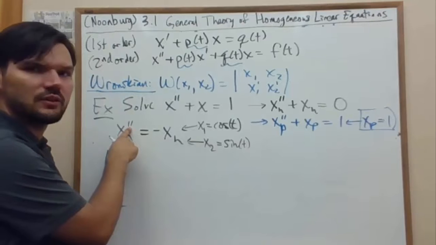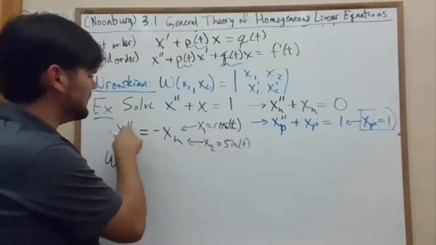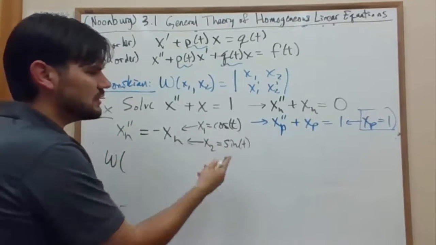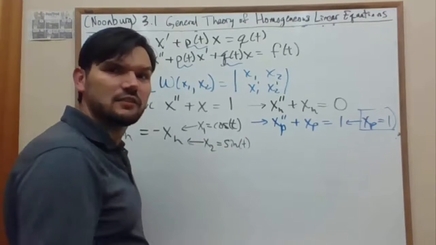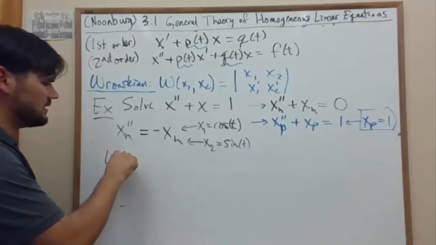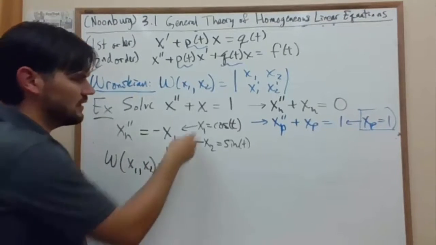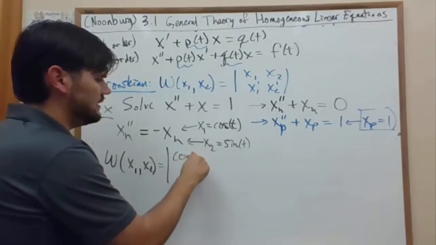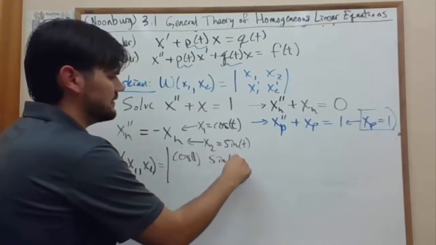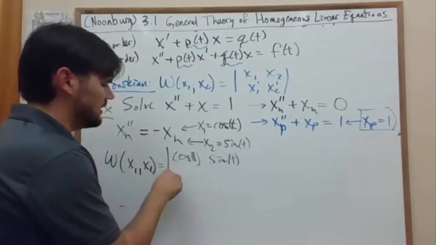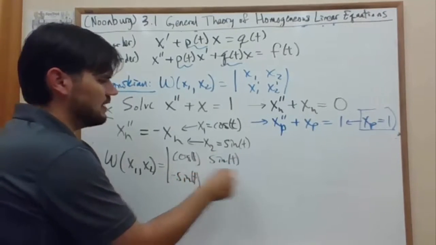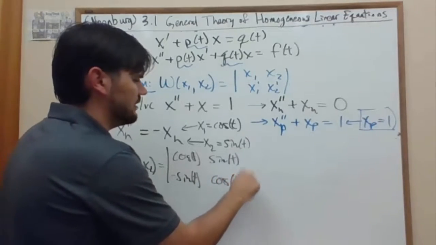Because we're looking for a second order solution space, a two-dimensional solution space. There are two solutions. If they're the right kind, we have them all. So the Wronskian of x1, x2 equals: first we put cosine of t, and then we put sine of t. And then we take their derivatives: minus sine of t, and then positive cosine of t.